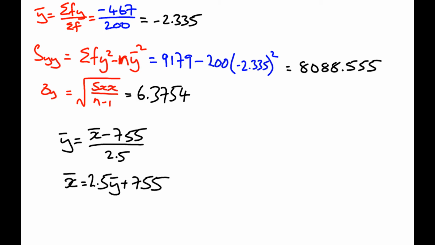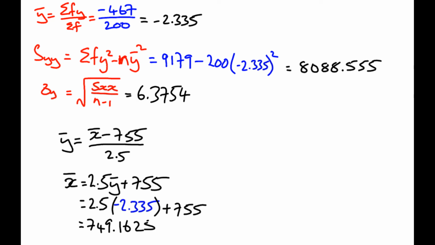Okay, so just substitute in the value that we had, negative 2.335. Add on the 755 and just plugging that into the calculator gets us our answer of 749.1625. Okay, so we've uncoded Y bar and we found X bar.